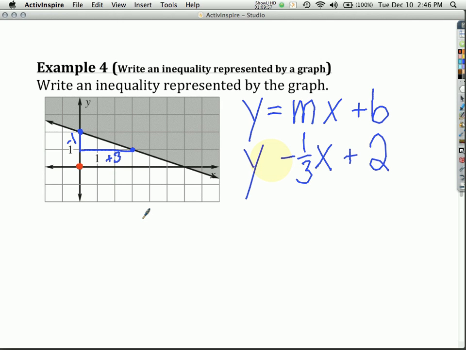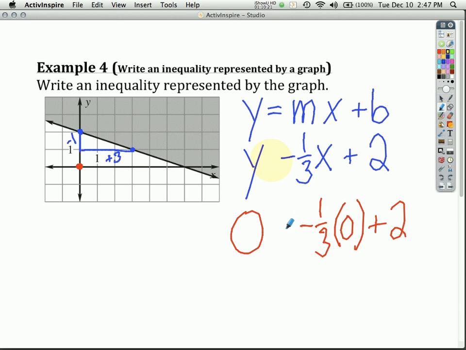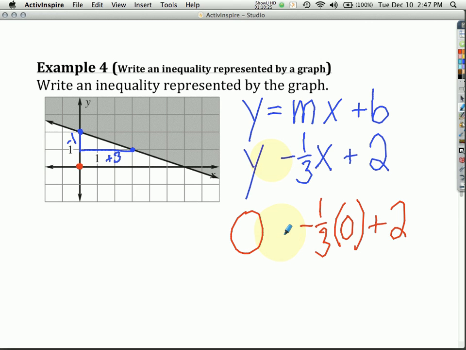So I want to plug it in here. And then I want to figure out which symbol would have to go in place to make it a false statement. Right? If I take 0, 0 and I plug it in here, I want to figure out what symbol would go right there to make it a false statement.